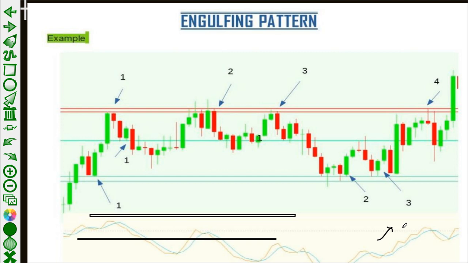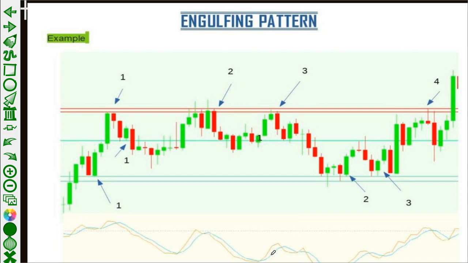And if the stochastic is facing down, we avoid the call trade, no matter the level. Now assume that you are trying to take an engulfing put option.